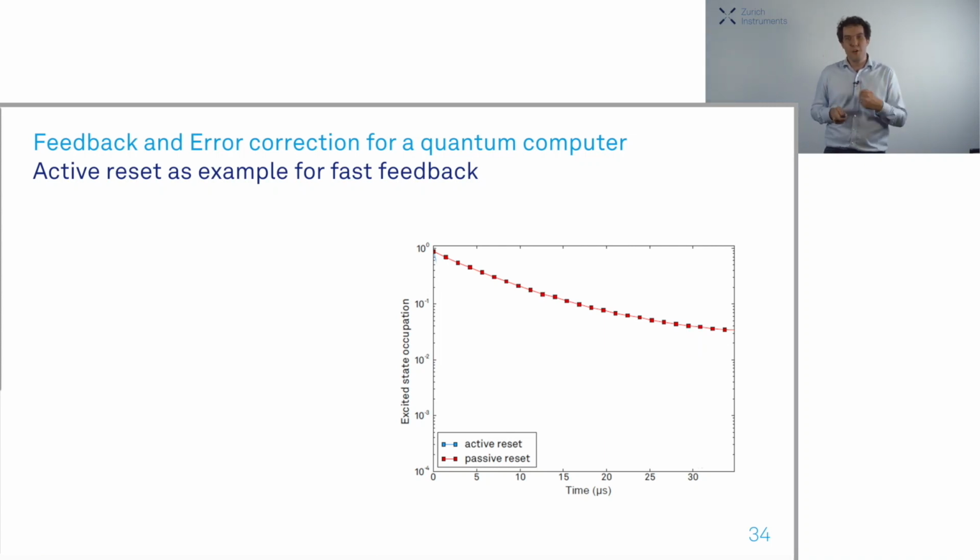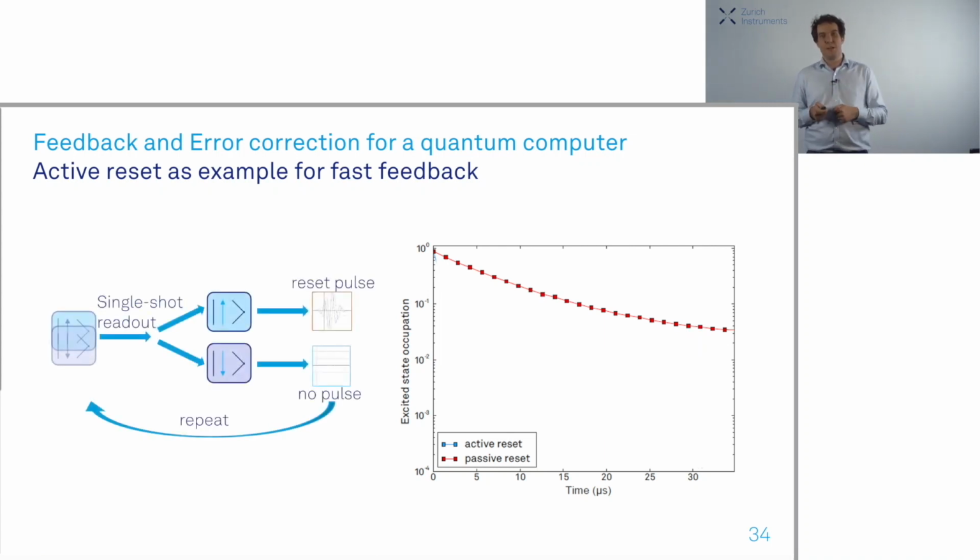So what you can do now is, directly after an experiment run, a single shot readout that determines the state of the qubit. And this result then gets communicated to an AWG. And this AWG then plays a pulse or not, depending on whether the qubit is in the excited state or not. And in this case, it can really bring down the excited state population of your qubit within a very short time, 100 nanoseconds to about a microsecond.